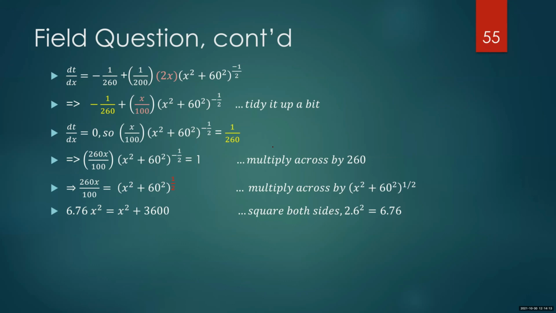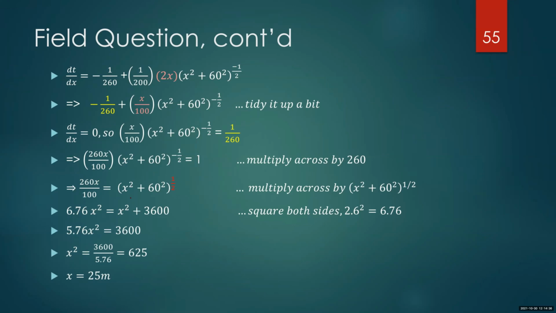So now we've simplified it a bit. We'll carry on. So we now have 5.76 x squared is equal to 3600. And so x squared is equal to 625. And so x is 25 meters.